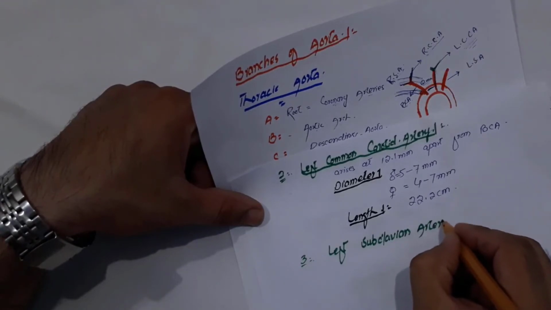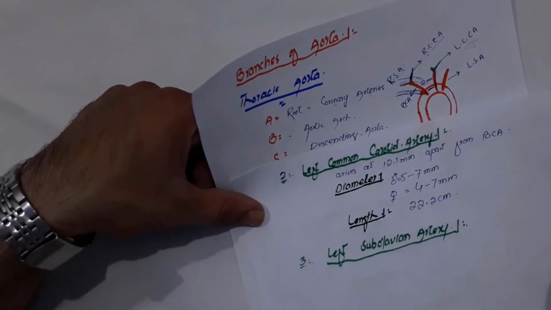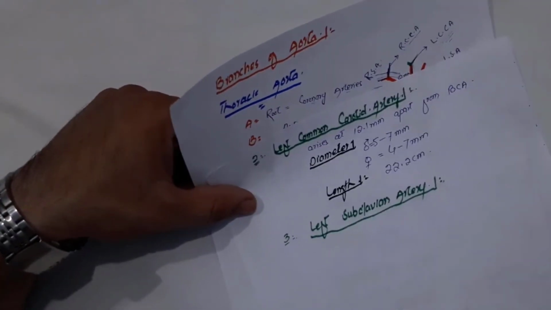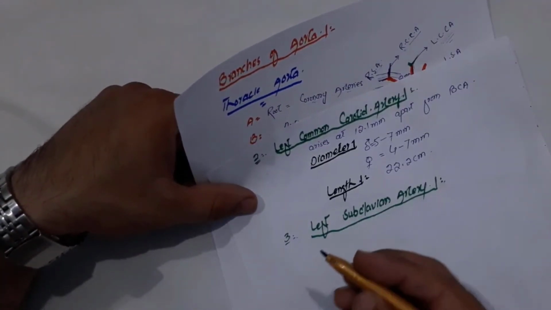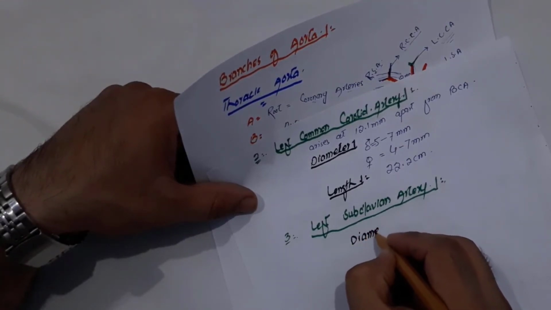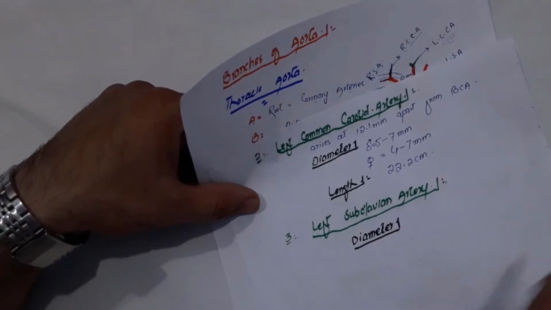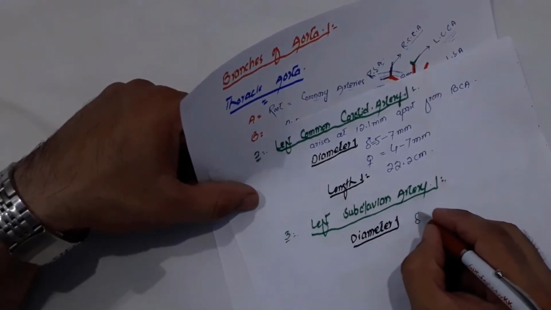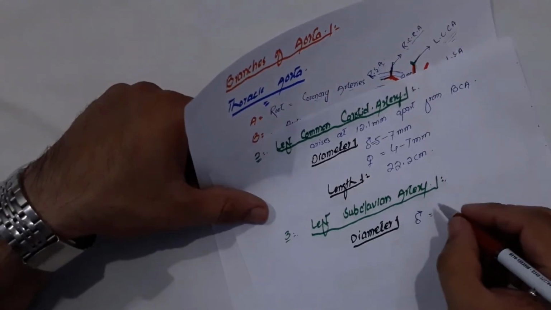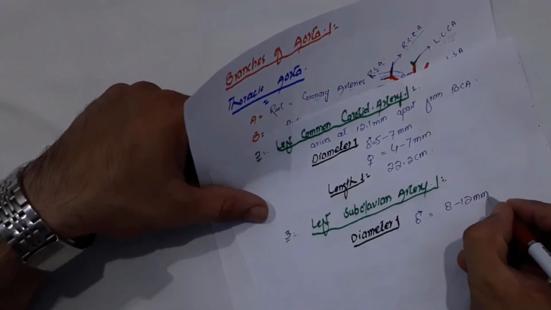Right. Okay, the left subclavian artery, its diameter in case of males is about 8 to 12 millimeter, right?